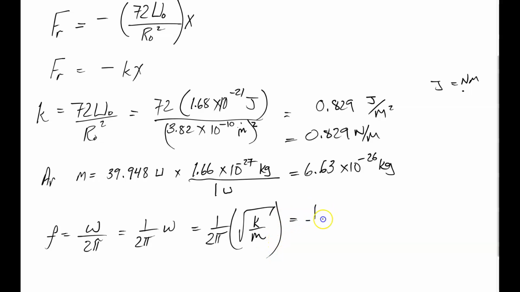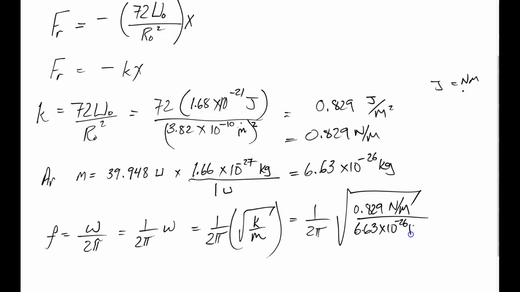So this is going to be 1 over 2 pi times the square root of k, which we found to be 0.829 Newton per meter, and then m, which is 6.63 times 10 to the minus 26 kilograms, and that gives us a frequency of about 5.63 times 10 to the 11th hertz.